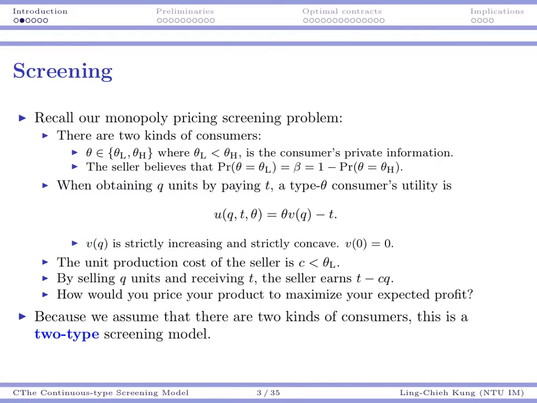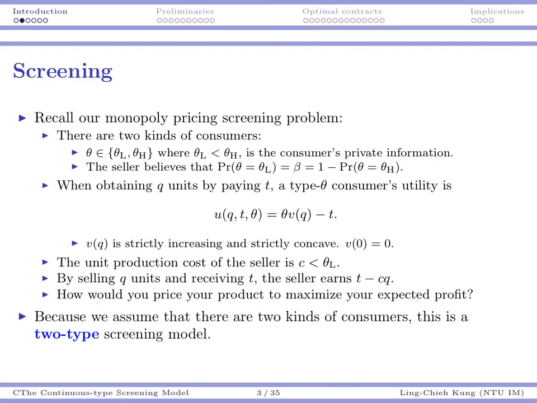From the seller's perspective, theta is random, which may be theta L with some probability and theta H with some other probability. Once obtaining Q units by paying T, a type theta consumer's utility is theta times V of Q minus T, where V of Q is a strictly increasing and strictly concave function. And if the consumer does not consume anything, the consumer gets nothing.